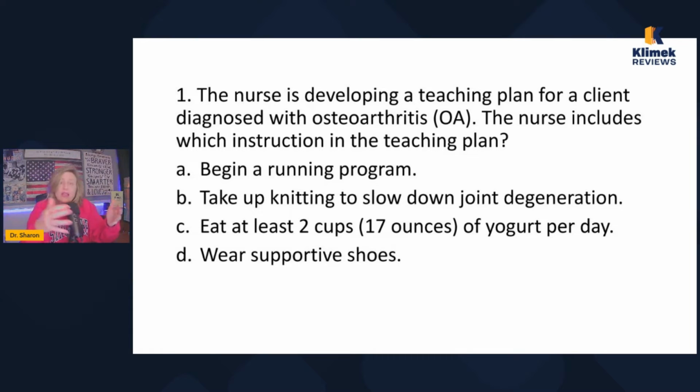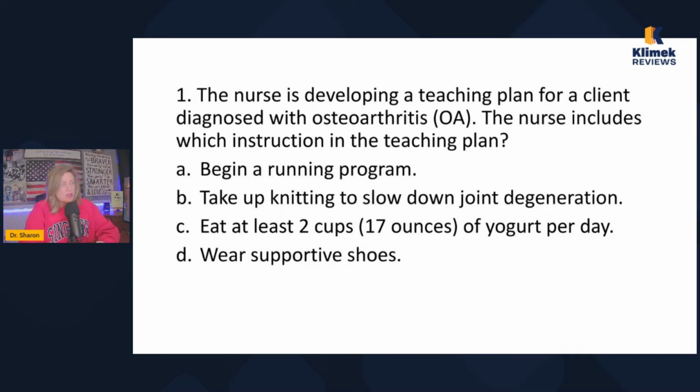Eat at least 2 cups of yogurt per day. All right. So I like the yogurt if this was osteoporosis, right? Because that would have calcium in it. But this is not osteoporosis. This is osteoarthritis. Wear supportive shoes. Well, I know people with osteoarthritis have pain in their joints. And one of the ways to limit some of the pain in the joints is to wear the appropriate shoes. That's pretty fundamental.